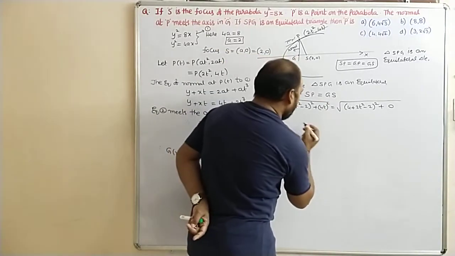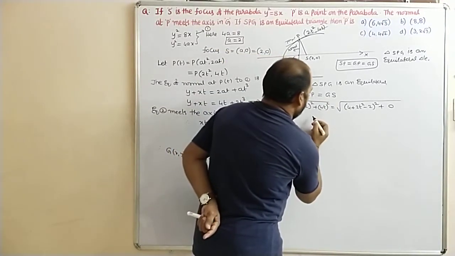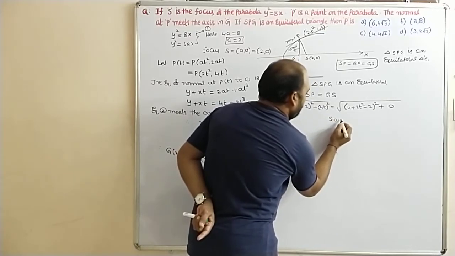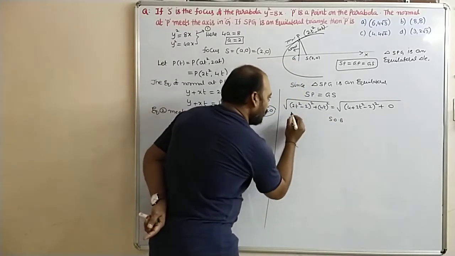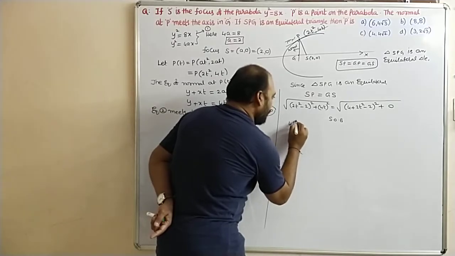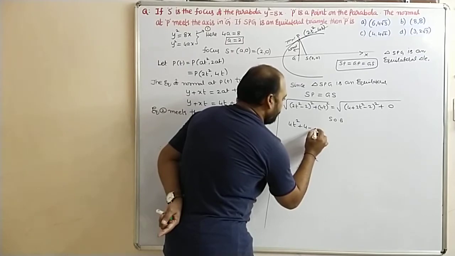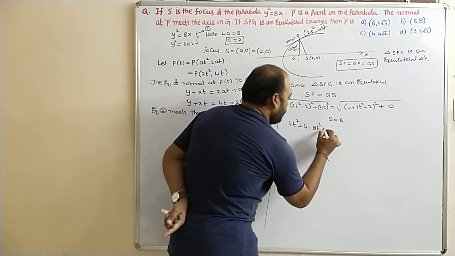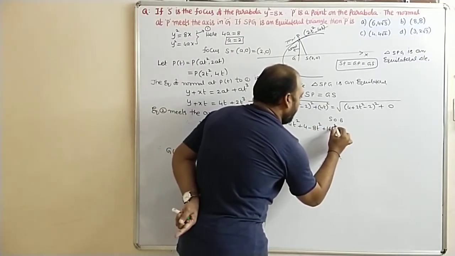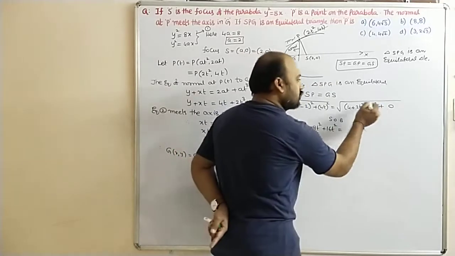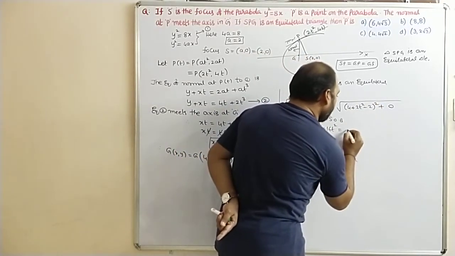So now, squaring on both sides and simplifying, it will become 4t power 4 plus 4 minus 8t square plus 16t square, which is equal to, here also the square root cancels, (2 plus 2t square) whole square.